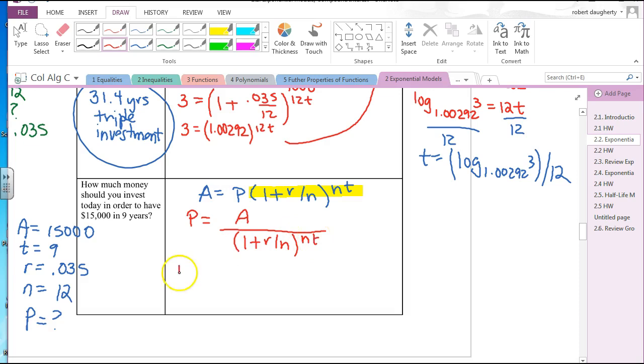So P equals, what is A? Yeah, 15,000 over 1 plus 0.035 over 12. And then all of that is raised to the 12 times how many years? 9 years. Okay.